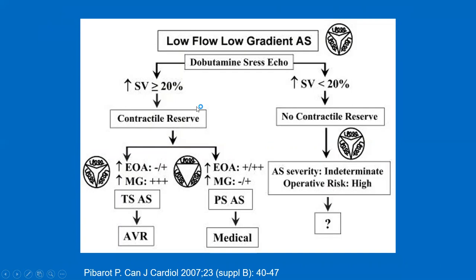A normal response is expected to increase stroke volume by at least 20%. So patients who have contractile reserve and have true aortic stenosis will show an increase in mean gradient in the setting of a valve area which is unchanged from the resting condition, and they will benefit from aortic valve replacement.